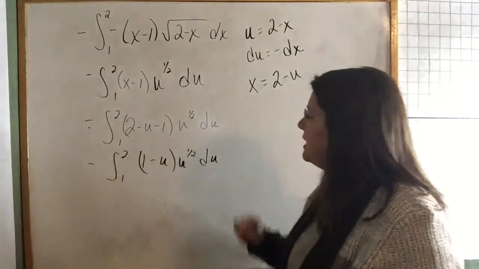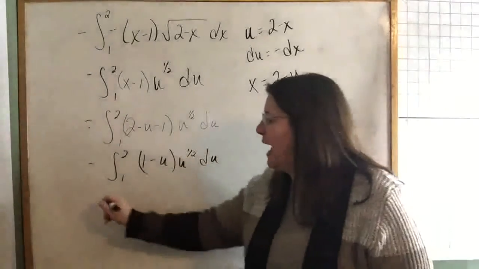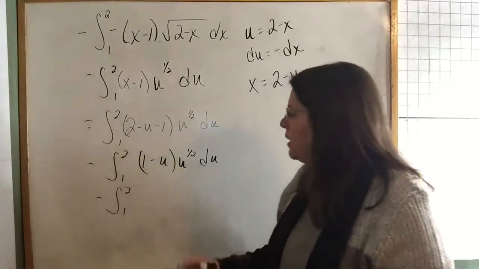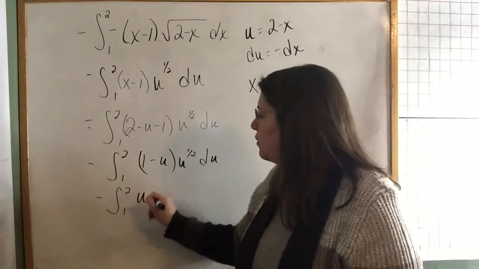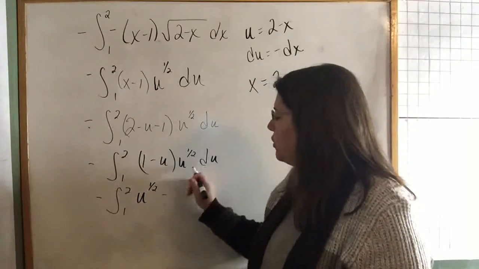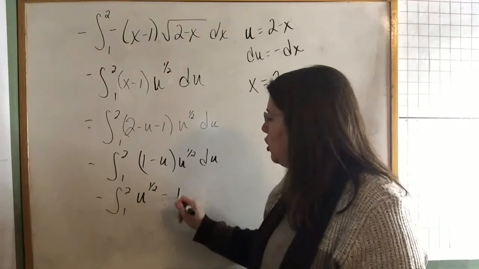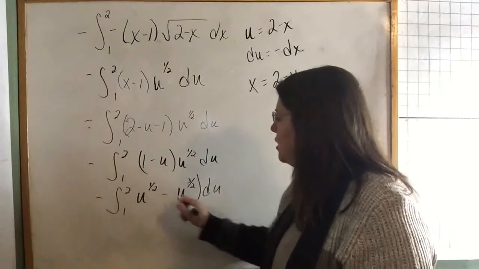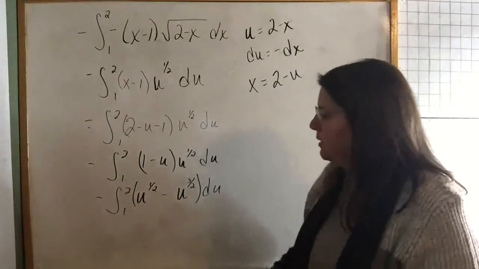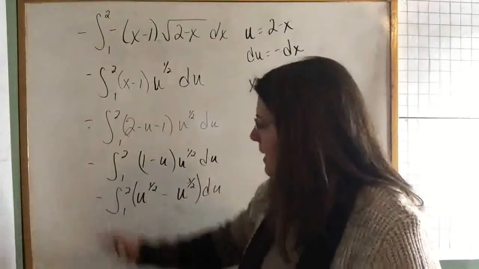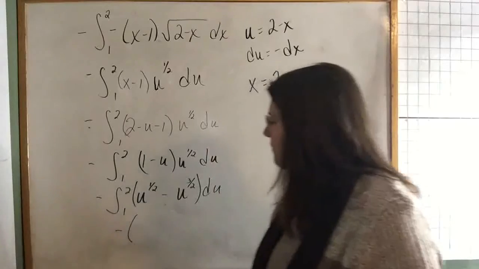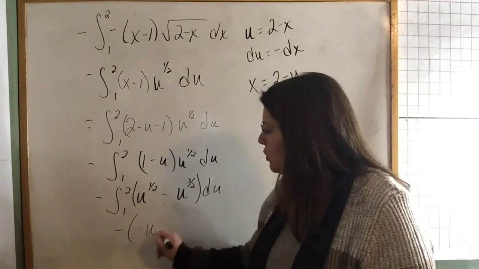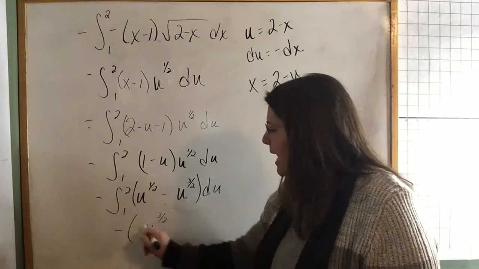In order to integrate that, I want to distribute that u to the 1/2. So I've got the negative going from 1 to 2. u to the 1/2 times 1 is u to the 1/2. Minus u to the 1/2 times u is u to the 3/2. That du applies to the whole thing. Now I can integrate, so I keep my negative. The integration of u to the 1/2 would be u to the 3/2 times 2/3.